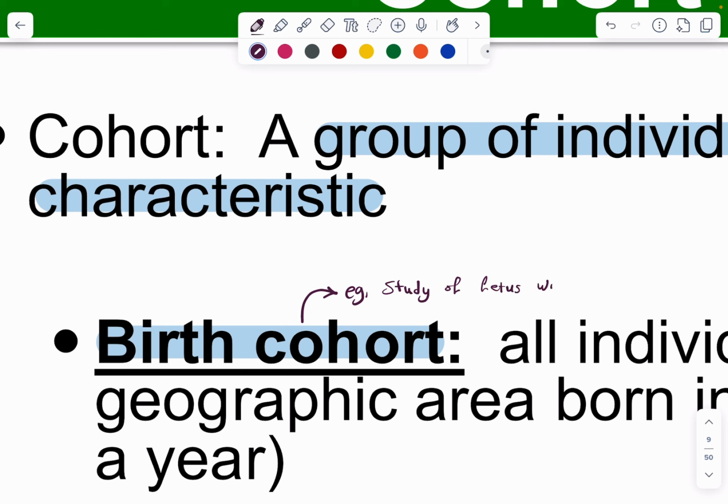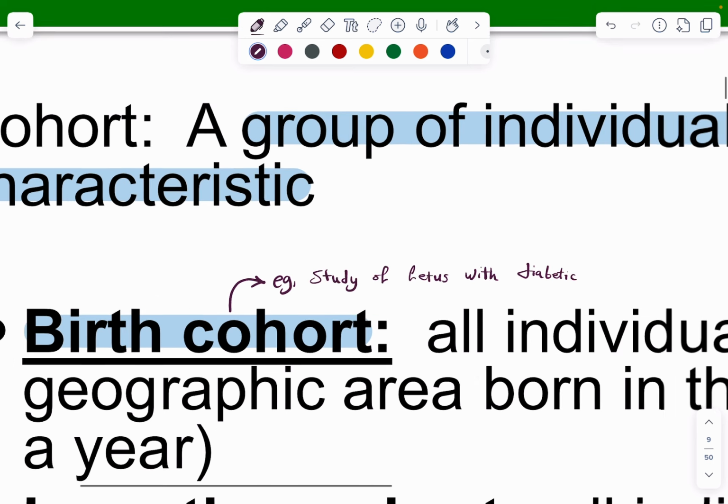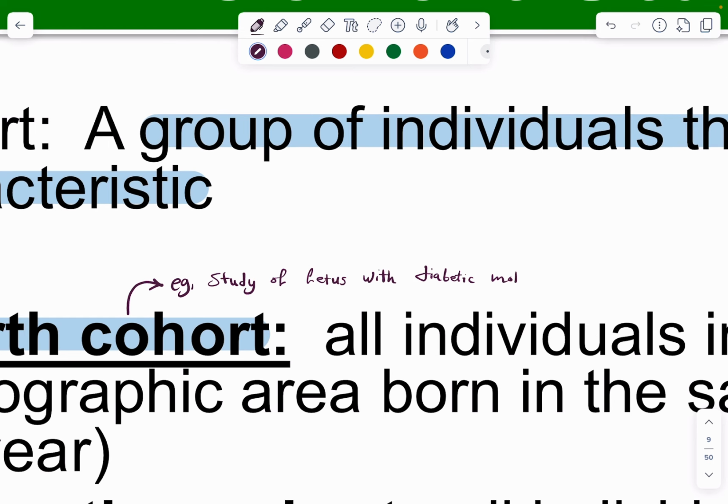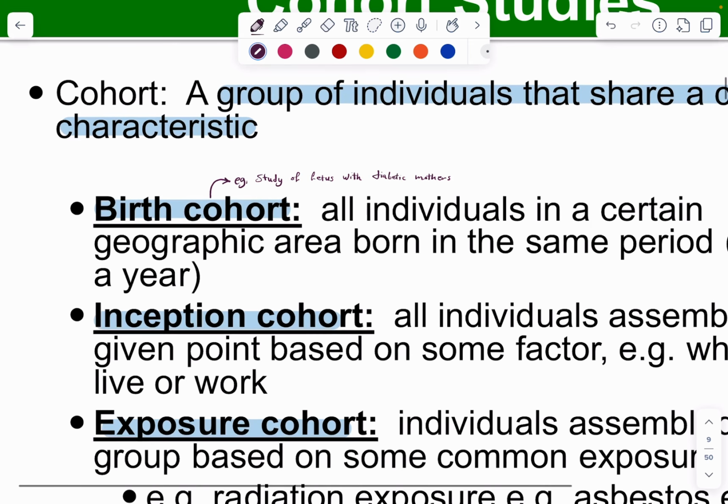The common thing among them was their mothers were diabetic, they had gestational diabetes. Now we want to see whether they will develop childhood obesity or not. So we will follow them until they develop it. Some of them will develop, others will not, of course. So we want to see how many of them will develop. So this would be the birth cohort.